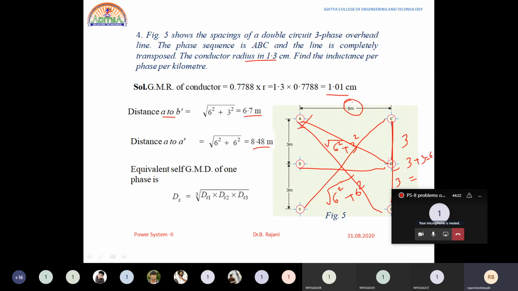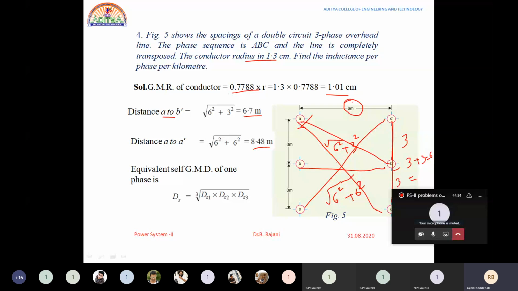One thing you need to remember is, if we find the GMR of the self-conductor, that is DAA, then this would be the formula. DA dash A dash would also be this formula. DBB is also this formula only, and B dash is also the same: 0.7788 into R. Now, if you want to find the A to A dash distance, you have to look at the diagram.